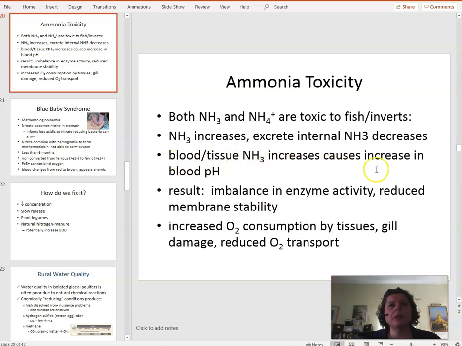It changes the pH of their blood. It causes enzymatic changes, reduces their membrane stability, increases their oxygen consumption in the gills, and reduces oxygen transport within their bodies. So basically you're damaging the cells by putting in so much ammonia, and they can't breathe. So yeah, you've got to clean that out.